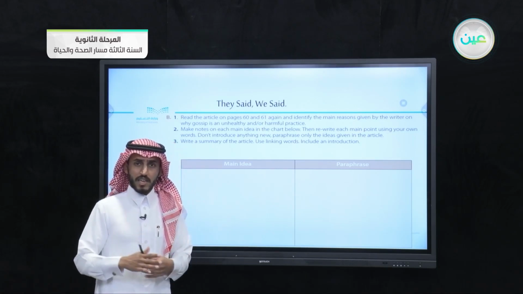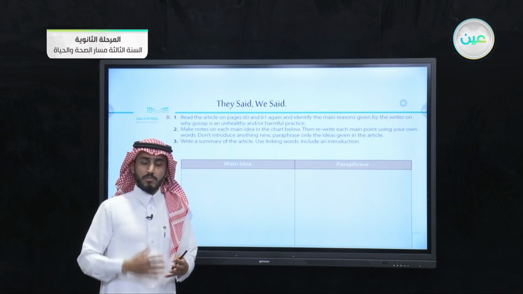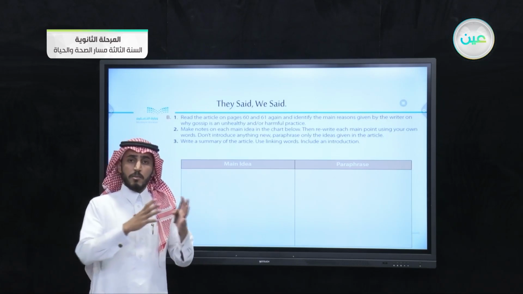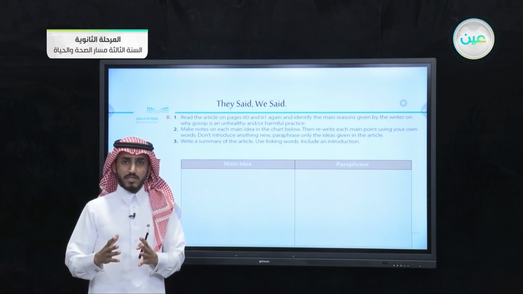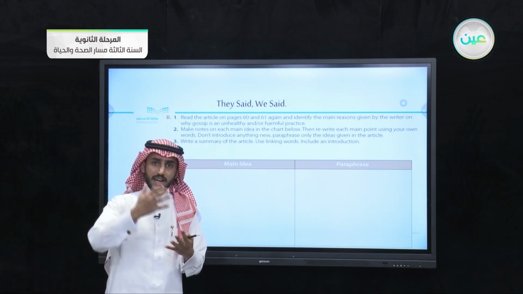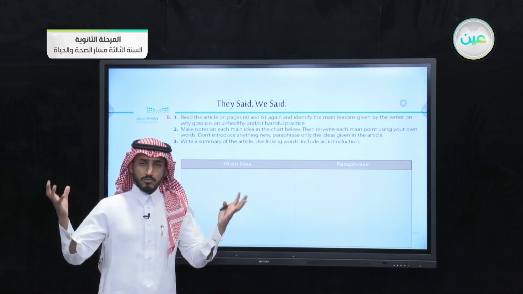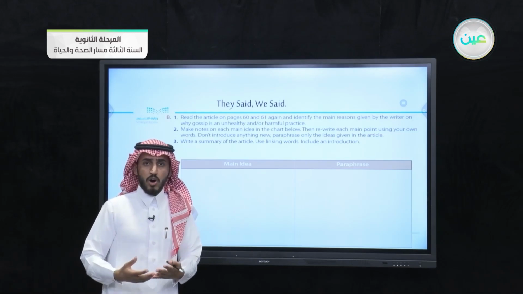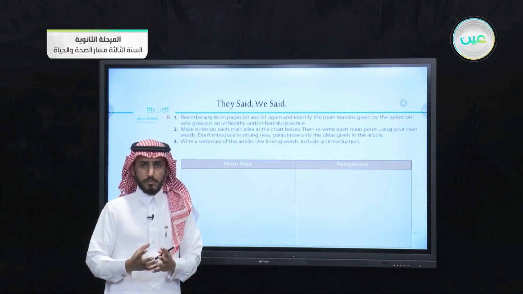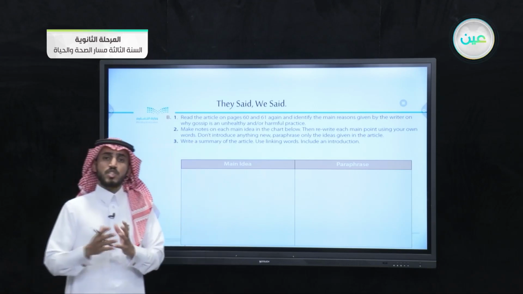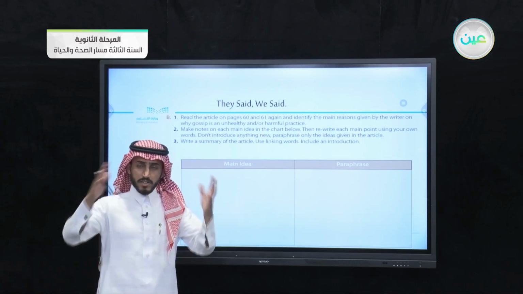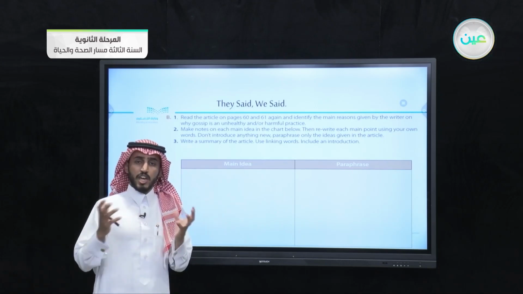When we read an essay, there are, of course, many paragraphs, and in each paragraph, there are some ideas. In the main idea, we try to represent these ideas in a shorter form. This way is called summary. So we are summarizing an essay by rewriting it in a shorter form.